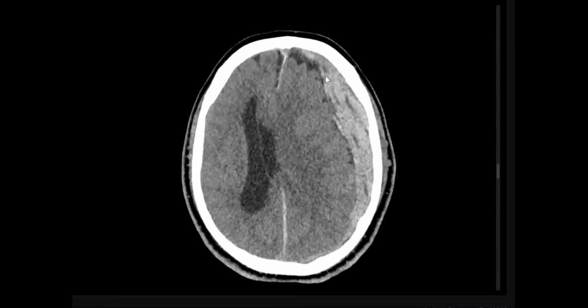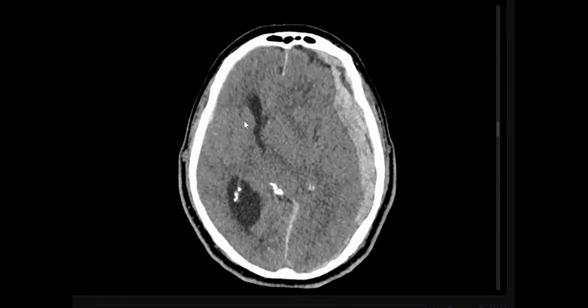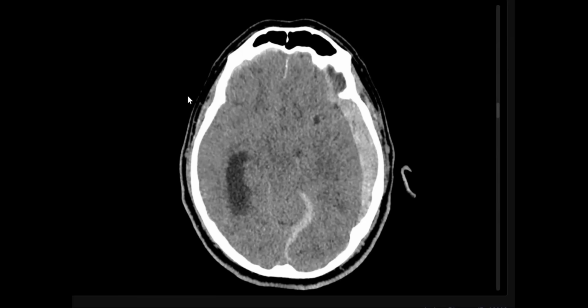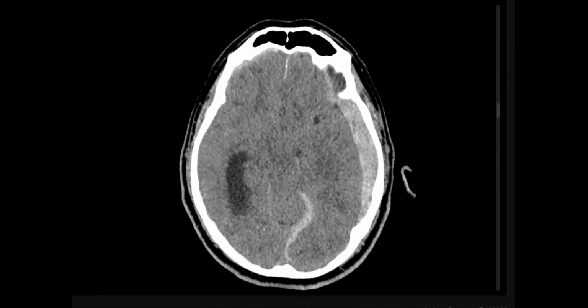Excellent, my friend. So summarize, and don't forget also the bone window. Summarize your case. I have been presented with a CT scan for a patient after falling down and loss of consciousness, presented with a large left-sided subdural hemorrhage with multiple phases indicating active hemorrhage and causing significant mass effect on the brain with subfalcine herniation and right-sided lateral ventricle hydrocephalus and shifting of midline structure to the right side.